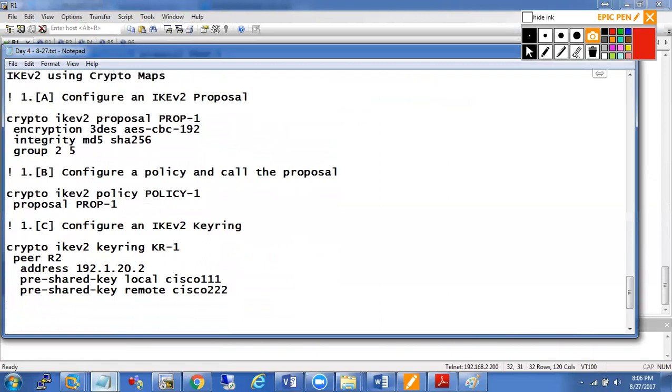I'll show you the way to do a common key as well in the second example. This is good? Yes? Any questions about this? Any specific things that you want to ask about the peer, the address, the pre-shared key, the local remote? All good? Understood?